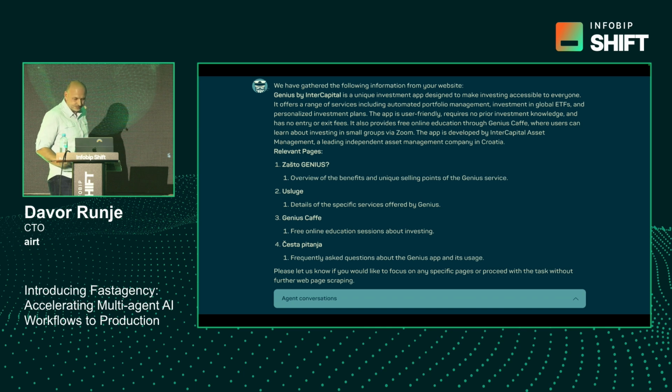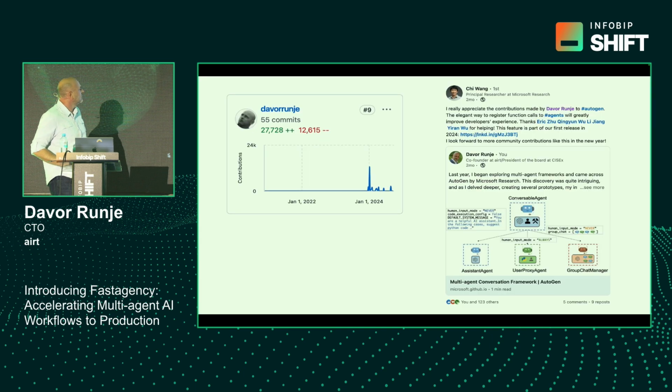And to build this, we had to do a lot of work on AutoGen itself, because it had just come out of research and was not ready for these kinds of things. So I started doing pull requests one after another, and 55 later, I'm one of the core contributors over there, doing a lot of things about function calling, APIs, streaming, outputting, and God knows what.